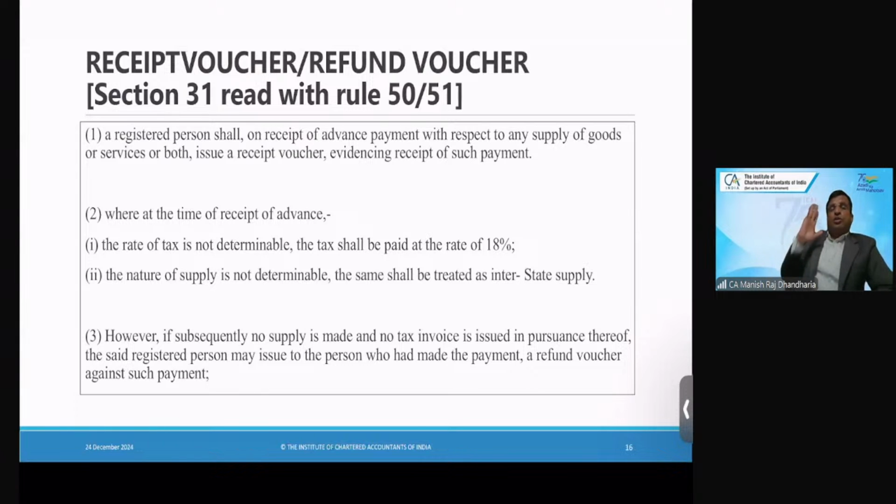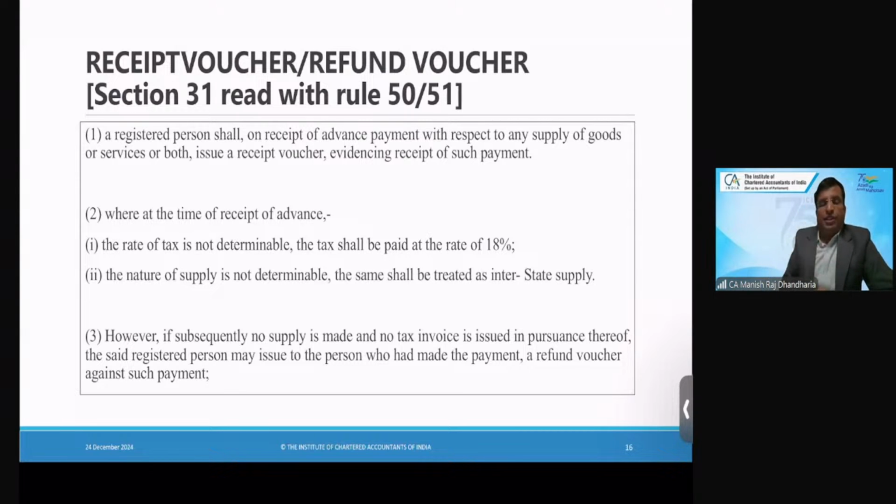Now there can be two possibilities after taking the advance. Number one, that advance actually got converted into the consideration because I provided the services. Second, I terminated the contract, so I had to refund the advance that I had taken.